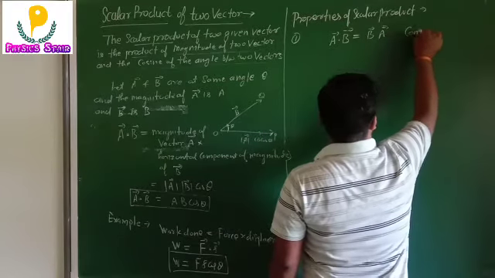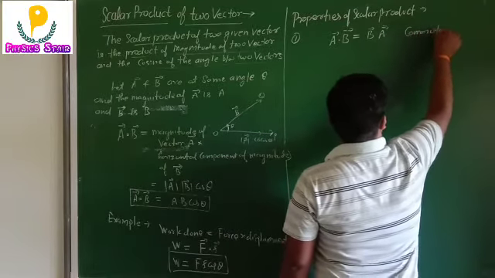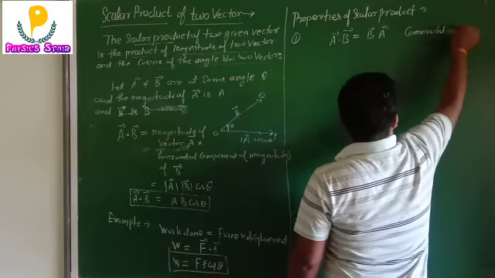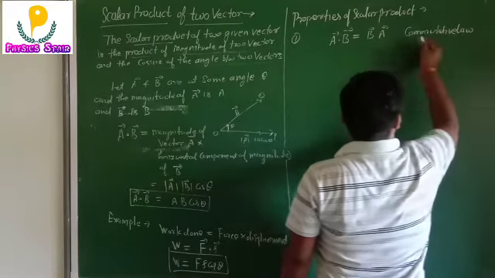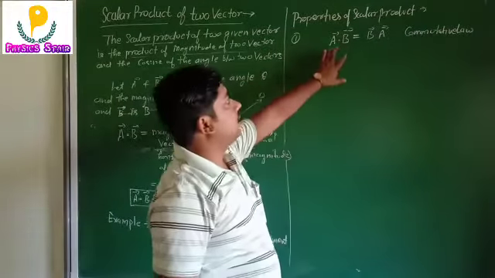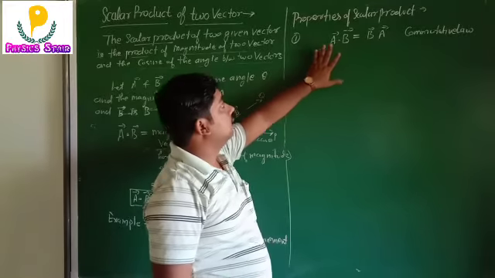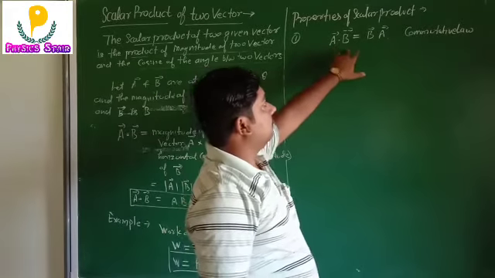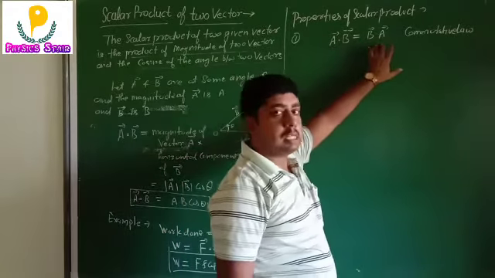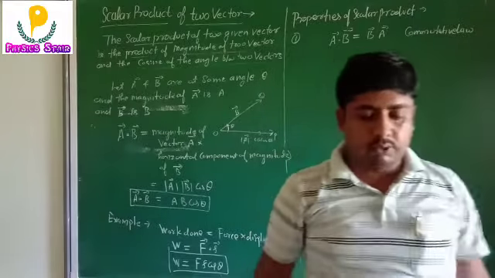This is the commutative law. So in the commutative law, if we change the position of the vector A and vector B, it will give the same value.